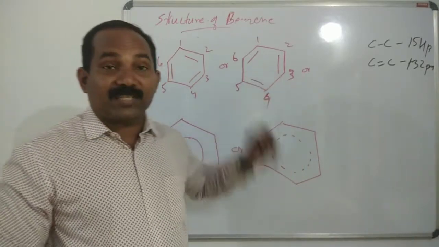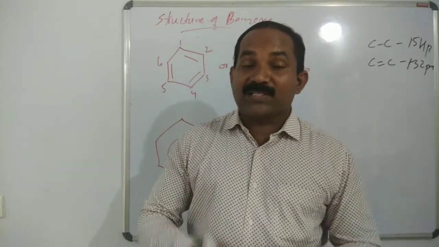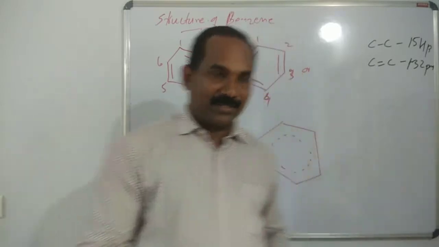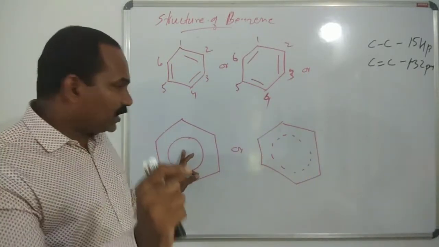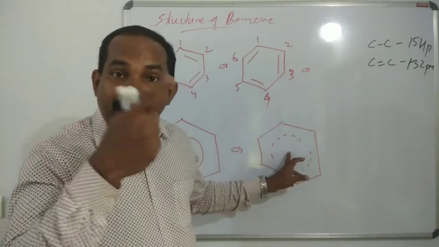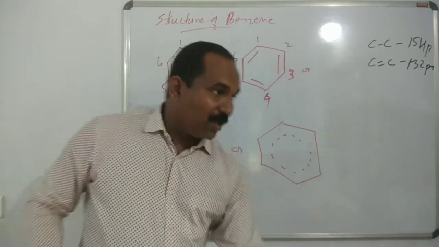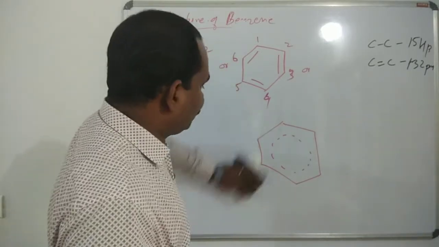These two are resonance structures or canonical structures of benzene. Those are the two main contributing structures to the resonance. And either you draw a circle or you draw a dotted circle. Are you clear?